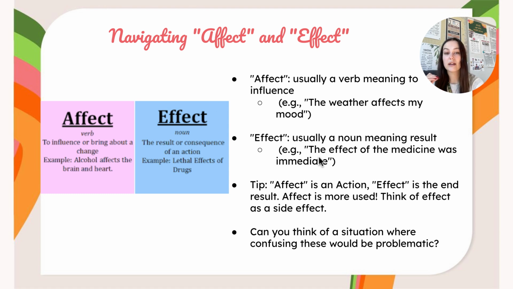Or a specific effect of something. It's used as a noun, but it's not used when influencing. Okay. So a tip that I have is affect is an action, and then effect is the end result. As I mentioned earlier, effect is more used. And I want you to just kind of think about making sure you use the term effect with an E when you're talking about a side effect or like an end result. All right.